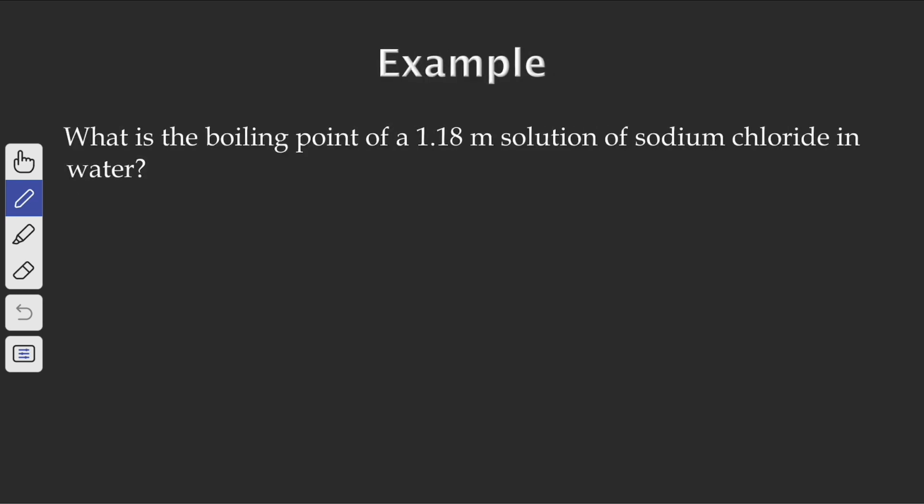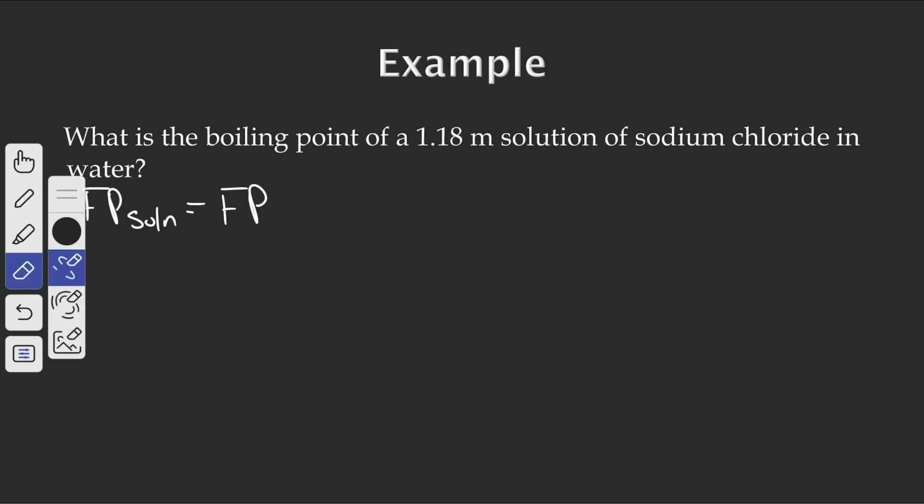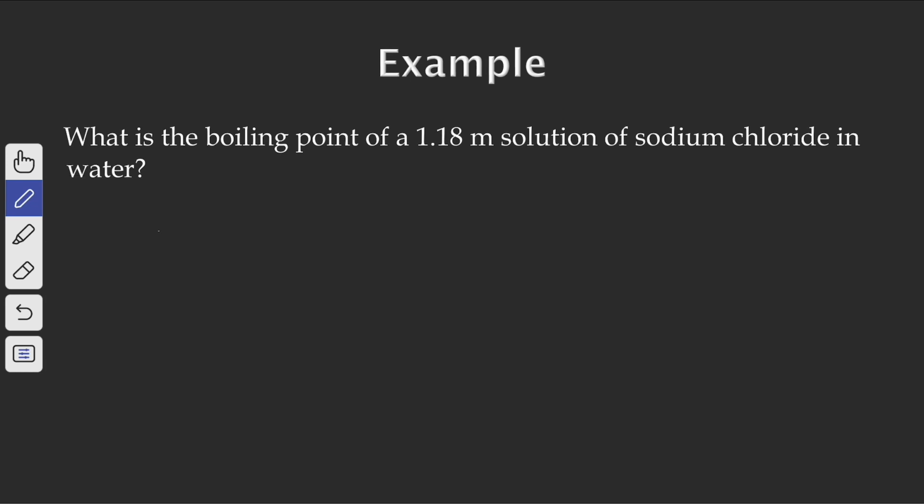What is the boiling point of a 1.18 molal solution of sodium chloride in water? Well, once again, if we want the boiling point of the solution, that's going to be equal to the boiling point of the solvent, which in this case is water, plus the change in boiling point.